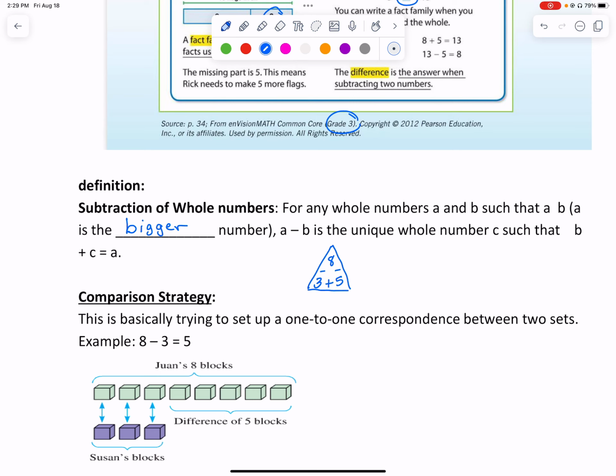I could add 3 plus 5 and get 8, but I could also subtract. So 8 minus 3 equals 5. That's our subtraction. Or you could think of it as 3 plus 5 equals 8. This is called a fact family, and we'll talk about that a lot more later.